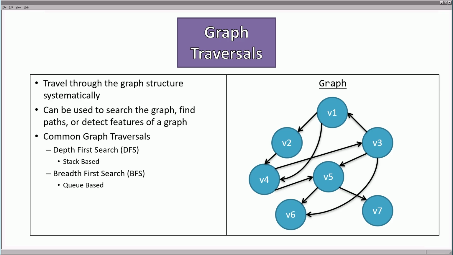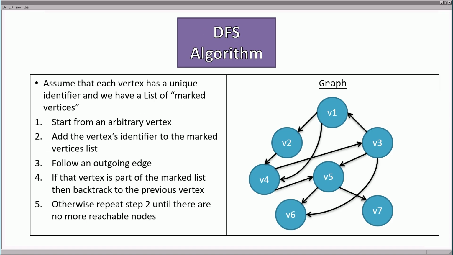Now, relating this back to a previous lecture, depth first search was a way that we traversed a tree. The thing is, pre-order, in-order, and post-order traversals were all examples of depth first search. Now, let's see how that applies to this graph. In this version of a depth first search algorithm, we cannot assume that there are no cycles in this graph.